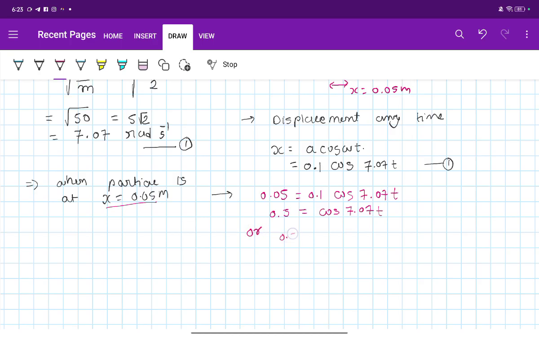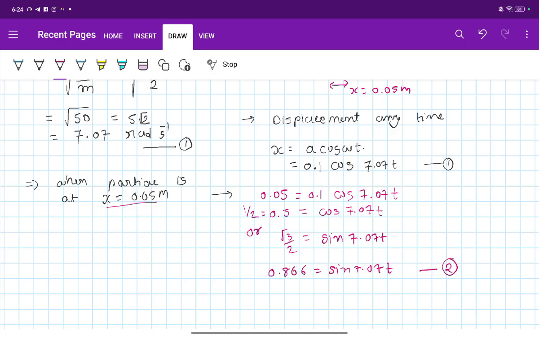We can write down the sine function as well: if cos 7.07 t is 0.5, which is 1 half, then sine 7.07 t is under root 3 by 2, and that is 0.866. Let's call it equation number 2.